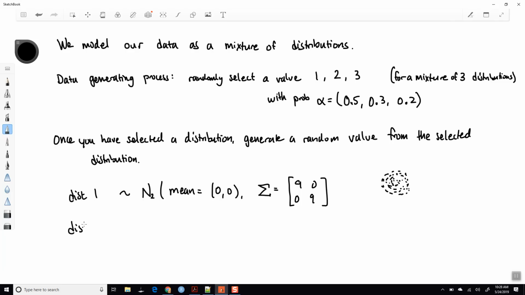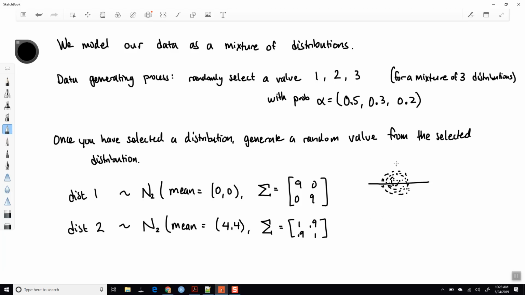And then distribution 2, maybe we'll have a multivariate normal with mean equal to 4, 4, and our covariance here maybe is 1, 0.9, 0.9, and 1, or something like this.